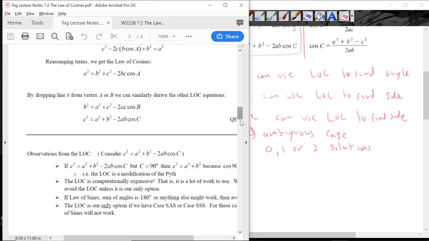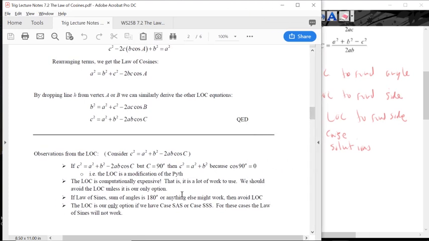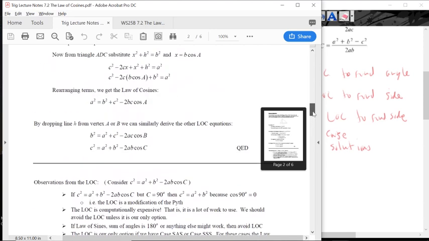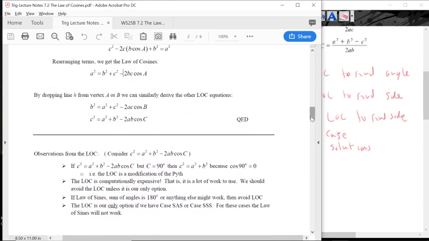Then, after we use the law of cosines a single time, we should be able to use something else. After we use it once, we'll find some other component of the triangle, and we'll probably then be able to use some other less expensive formula in order to complete the solving of the triangle, if that's what we're attempting to do.